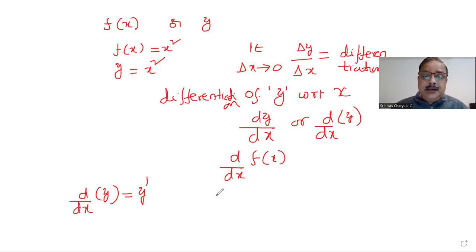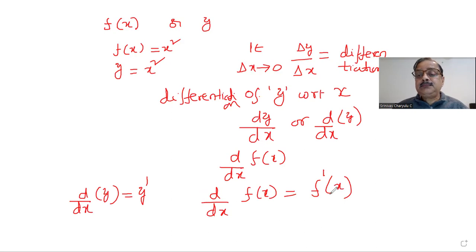For this d by dx of f of x, if I want to represent it like y dash, it is called f dash. So this notation is important. Either y dash of x or f dash of x I can write, subject to the variable name we give here. Okay. So now you understood differentiation.